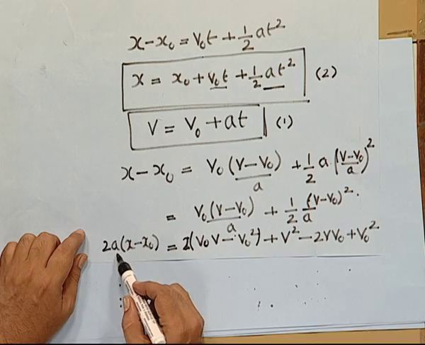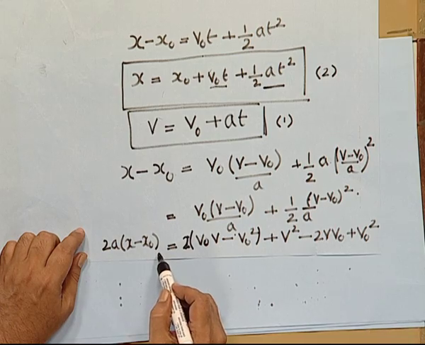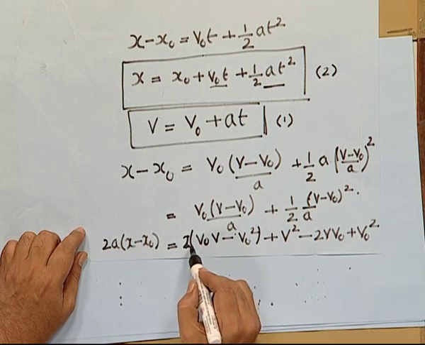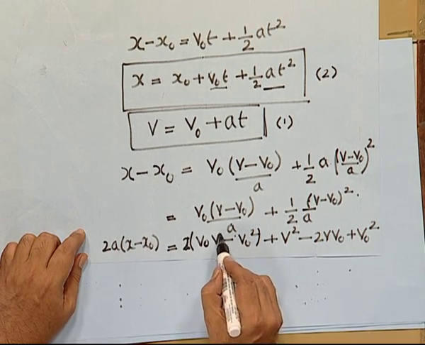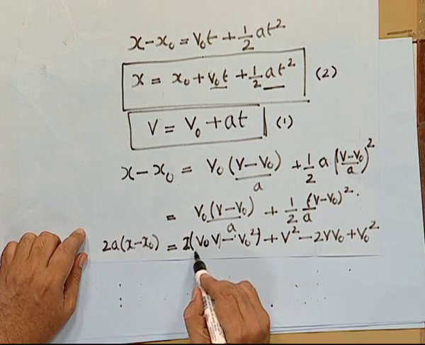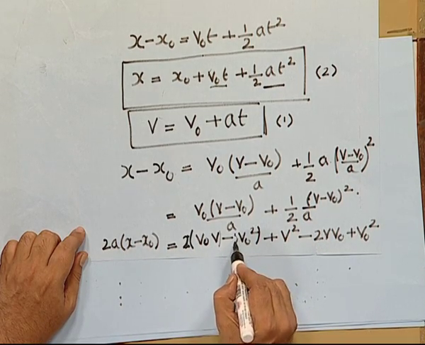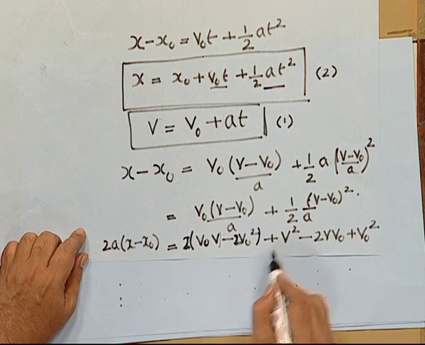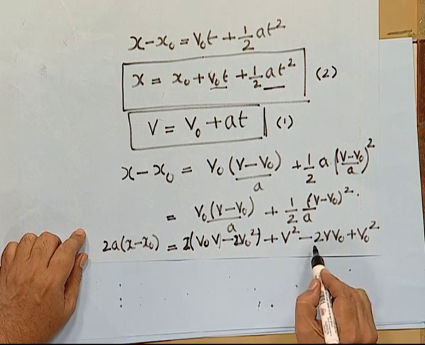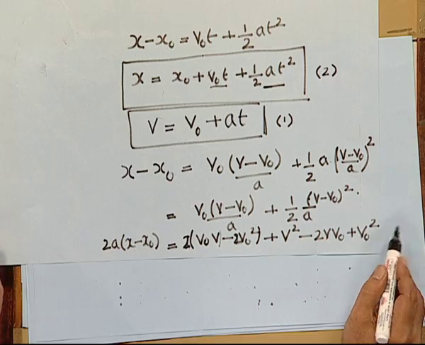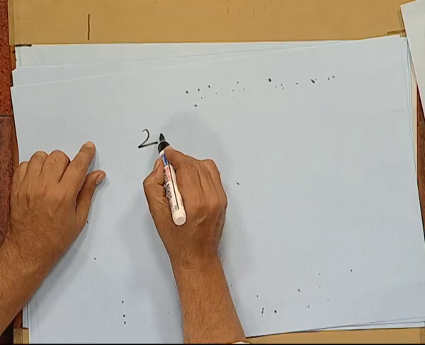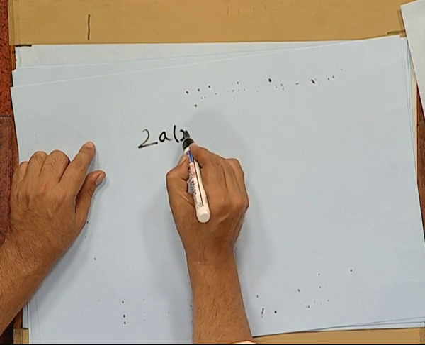Multiplying this equation by 2a all through, I get on the left hand side 2a into (x minus x naught) equal to 2 v naught v minus 2 v naught squared plus v squared minus 2 v v naught plus v naught squared.